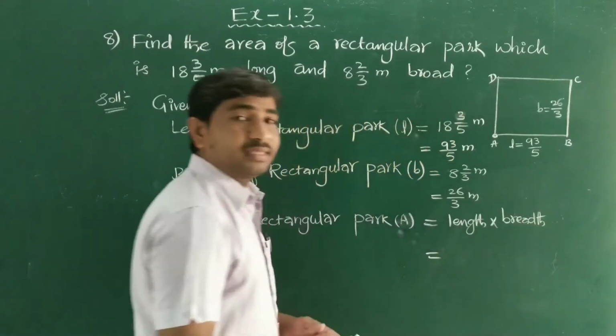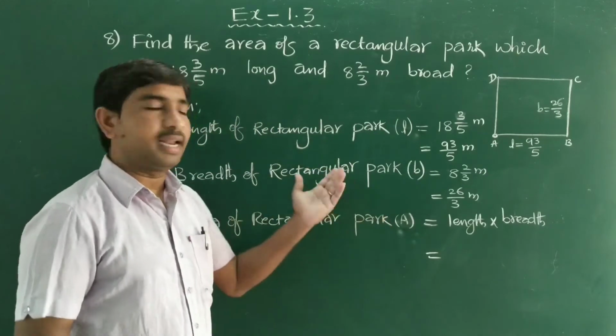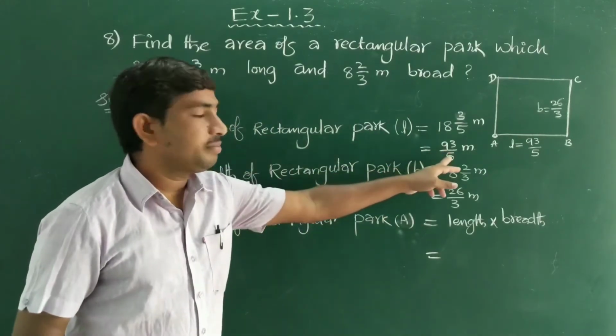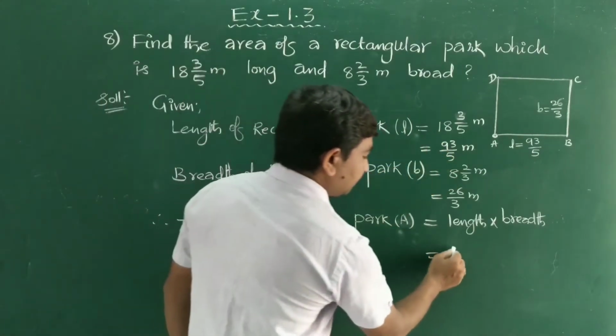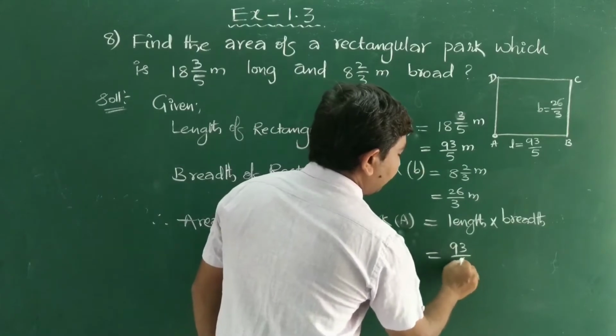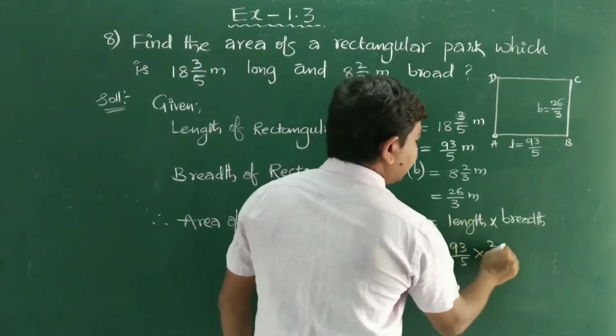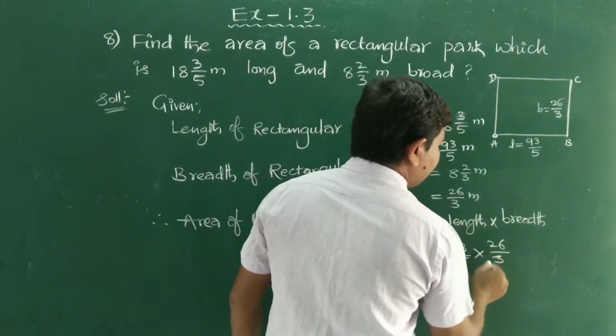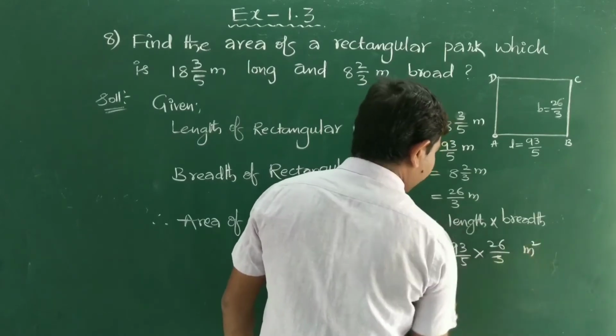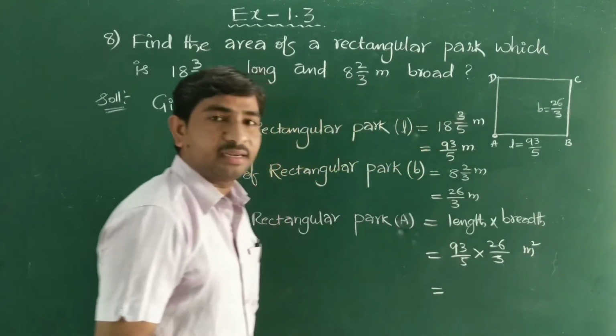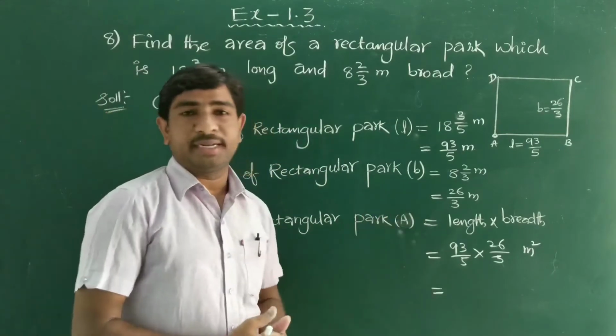What is the length according to the given measurements? The length is 93/5 meters, into breadth 26/3 meters. This is in meter square, as area we represent in square meters.